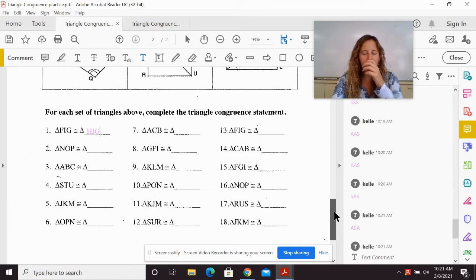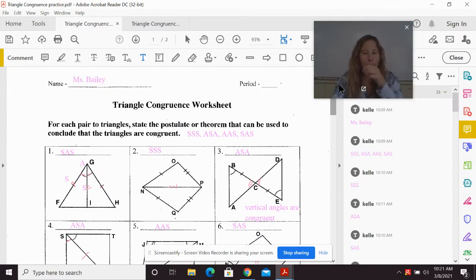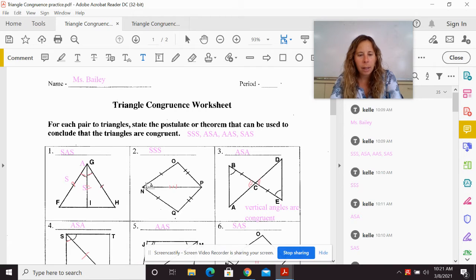Number 2, triangle NOP is congruent to NQP.